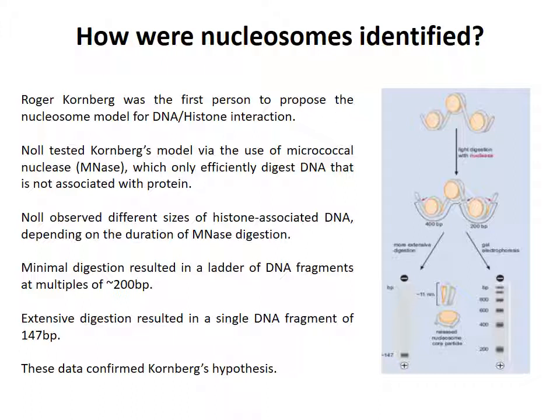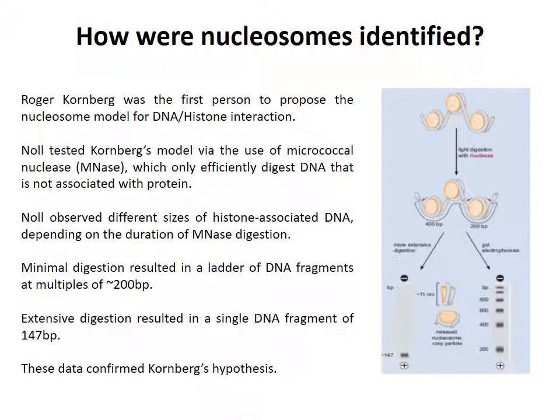sizes. Now, if you leave micrococcal nuclease long enough, it will efficiently chew up all the DNA that isn't tightly associated with protein. So that's what Noel did. He also did a long, extensive digestion. And when he left his samples for a long time and then looked at what DNA was present, he found that there was a single species of DNA, 147 base pairs in size, that was left after digestion with the enzyme.